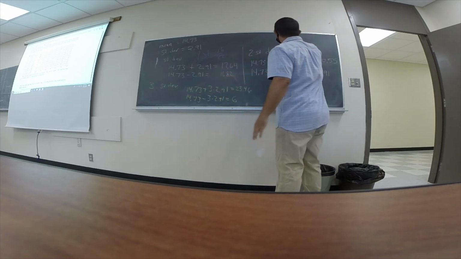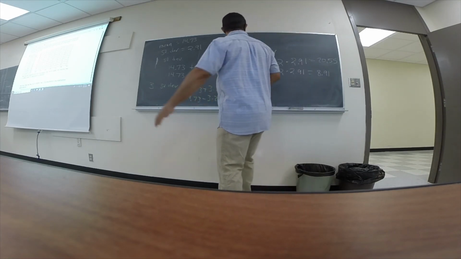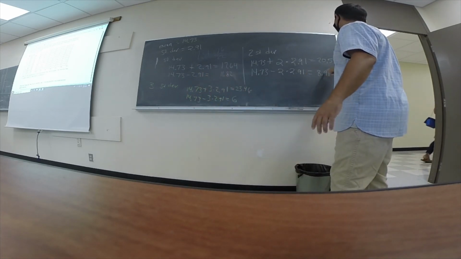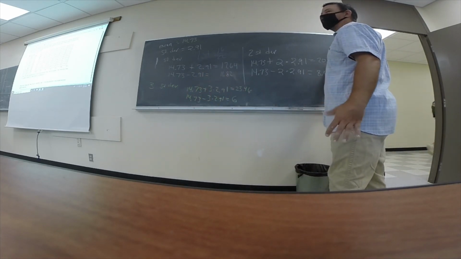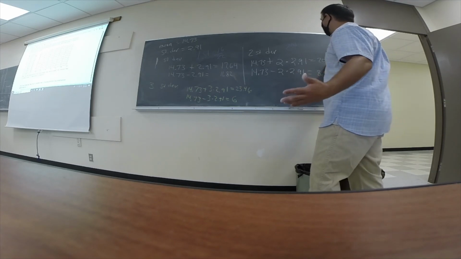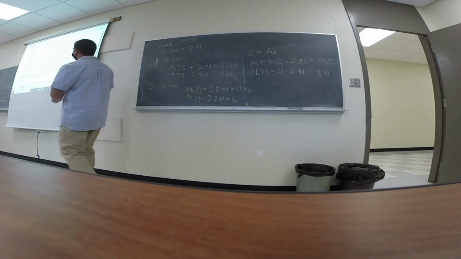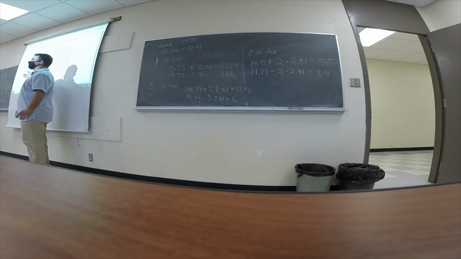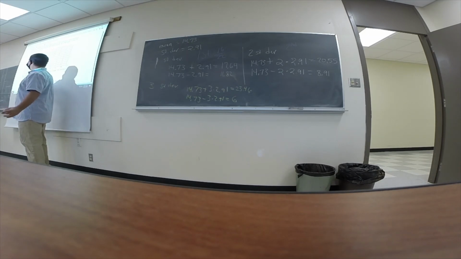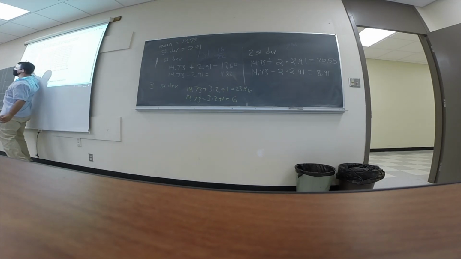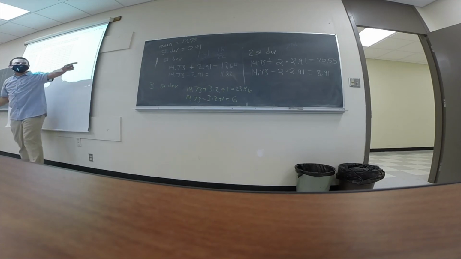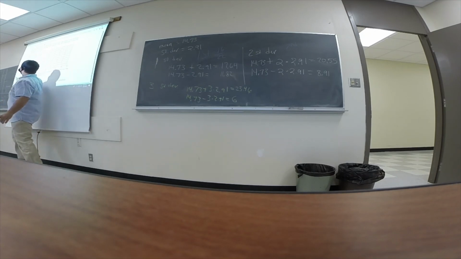Okay. Our second interval goes from 8.91 to 20.55. Okay, so basically from 9 all the way to 20. What's the only one that's not in 9 to 20? That 20 is less than 20.55, so the only one not included is 8.